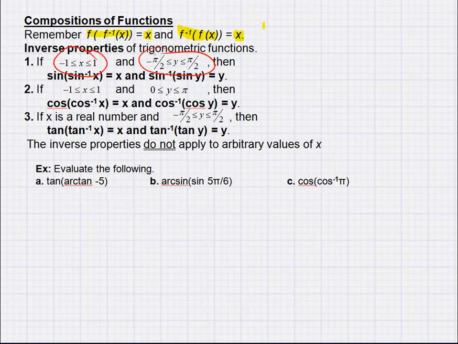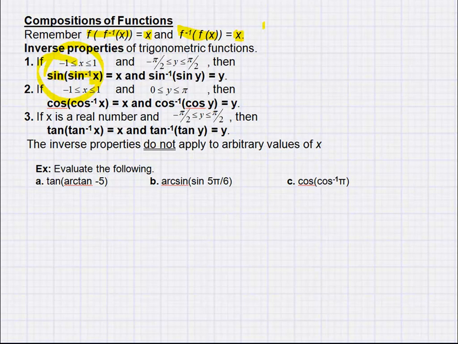When I look at the domain for inverse sine, the domain is -1 to 1. So if this is the one I'm looking at here, what I would do is take the inverse sine of x first. Whatever answer I get, I would then take the sine of that.